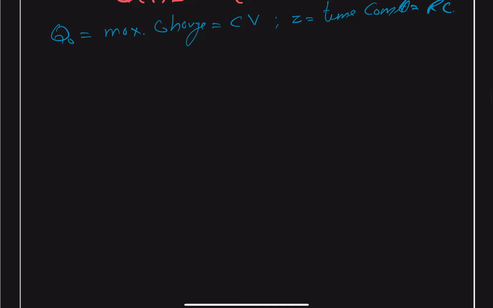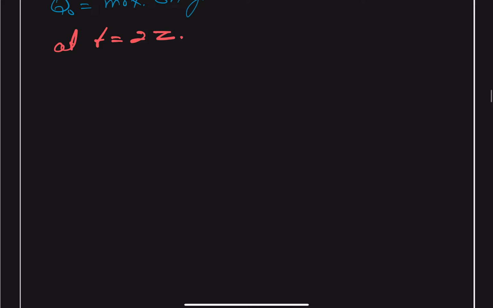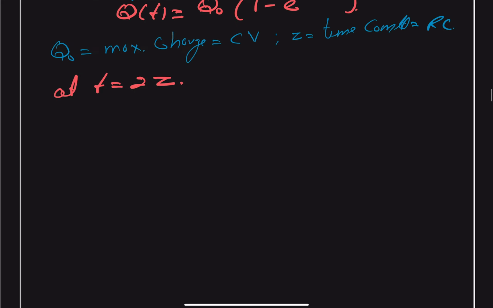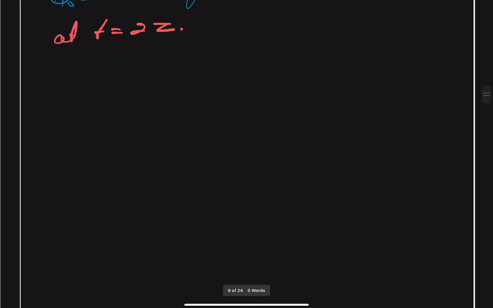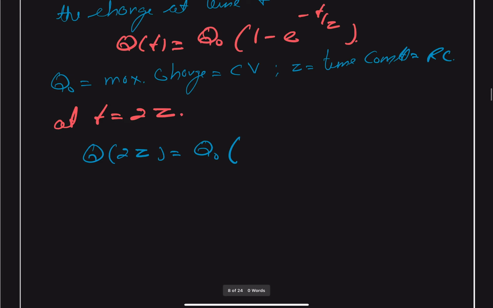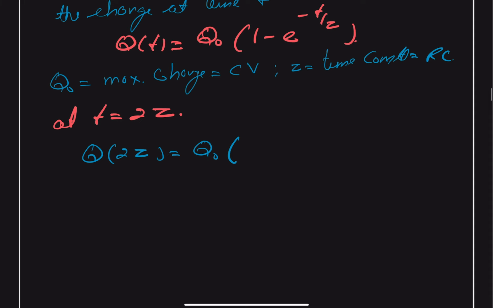So at t is equal to 2 tau, this equation can be written as q of 2 tau is equal to q naught times 1 minus e raised to power minus 2 tau upon tau.